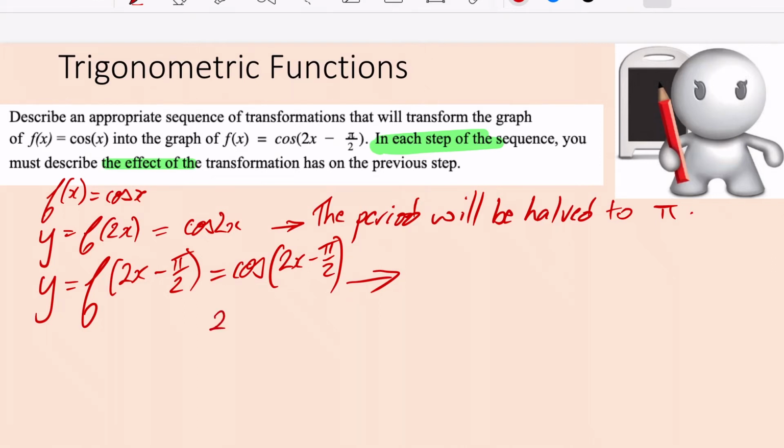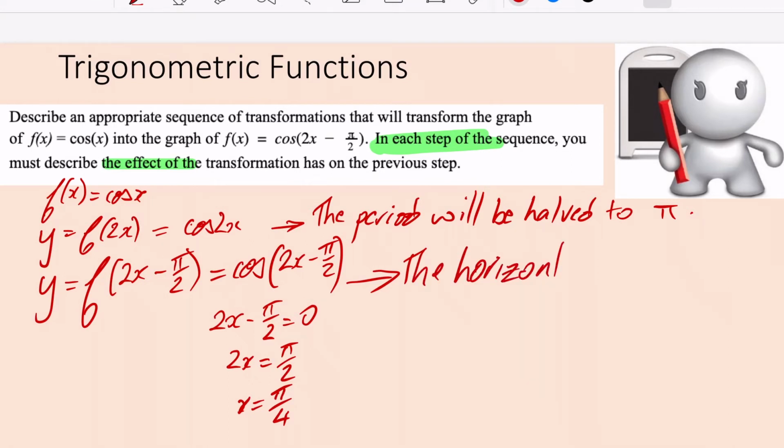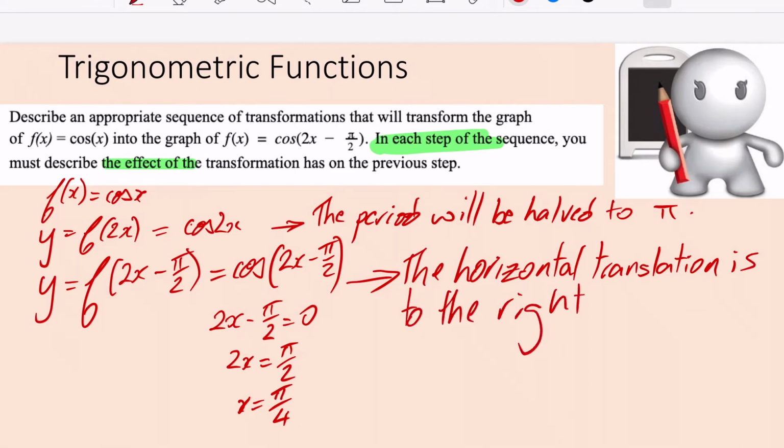So if I solve this to equal to 0, what I will get is pi on 4. So the horizontal translation is to the right pi on 4 units.